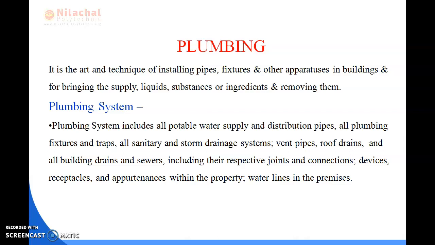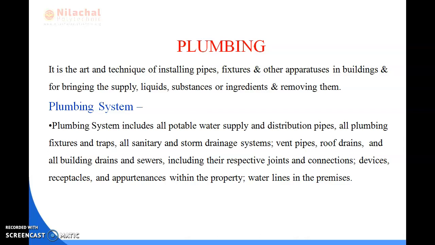So plumbing is an art or technique by which we install the pipes, fixtures and other appurtenances in the buildings for bringing in the supply of liquids, substances or ingredients and removing them. Next we will be discussing the plumbing system.